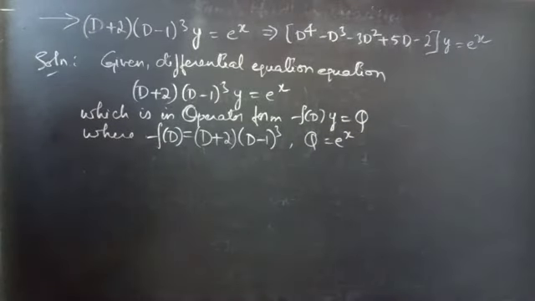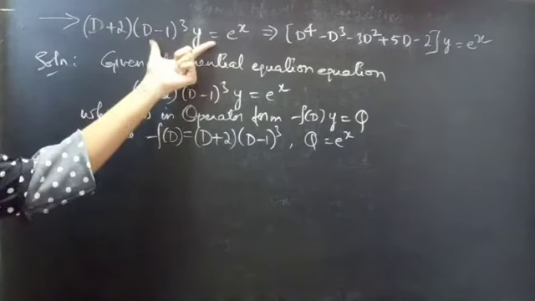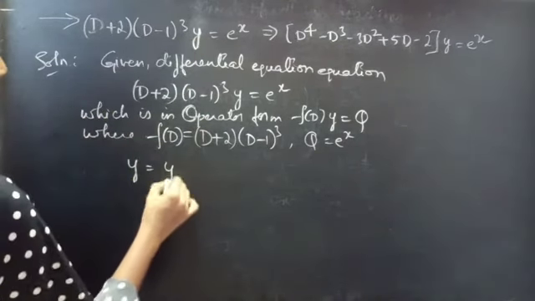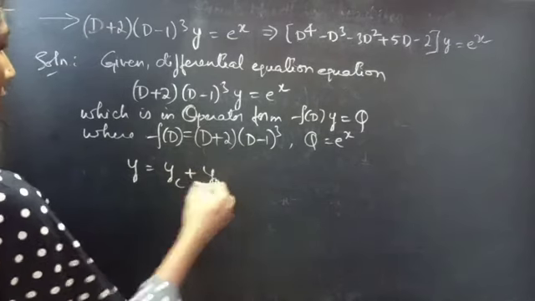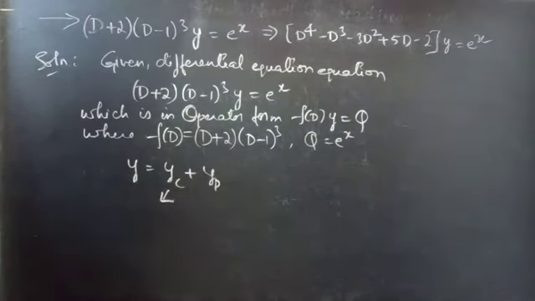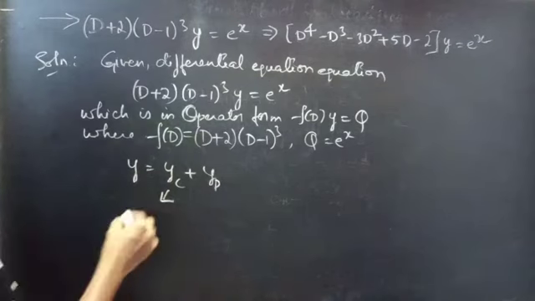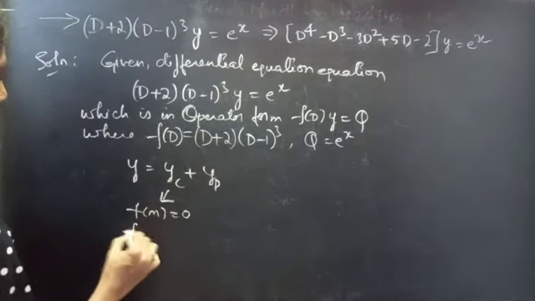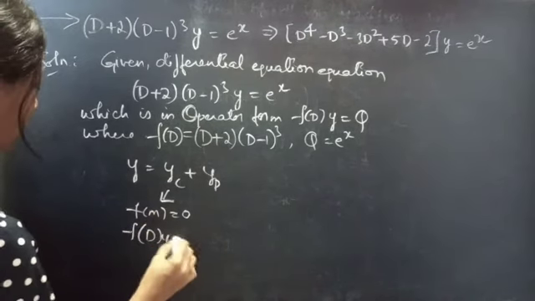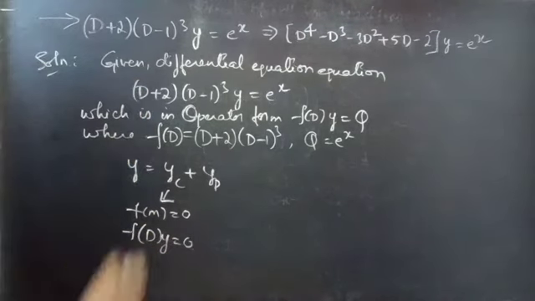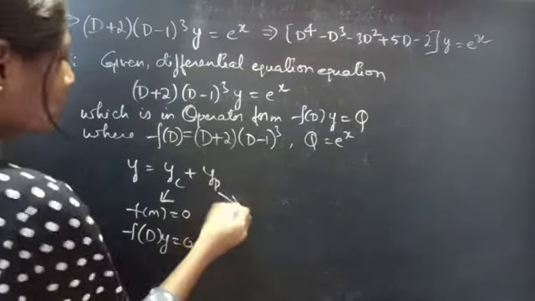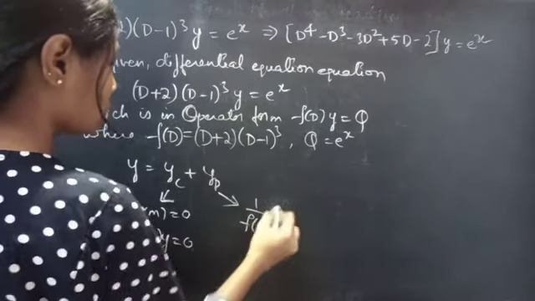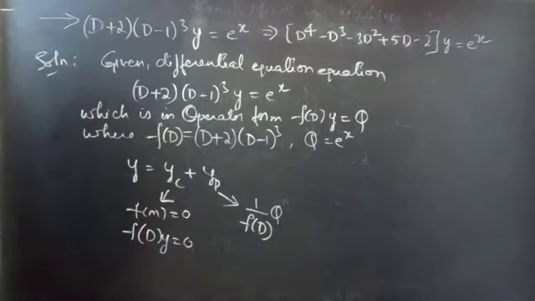Now we need to find the general solution to the given non-homogeneous equation using y = complementary function plus particular integral. We'll find the complementary function by using the roots of the auxiliary equation of the homogeneous equation of the given non-homogeneous equation, and we'll find yp using 1/F(D) times Q, right?